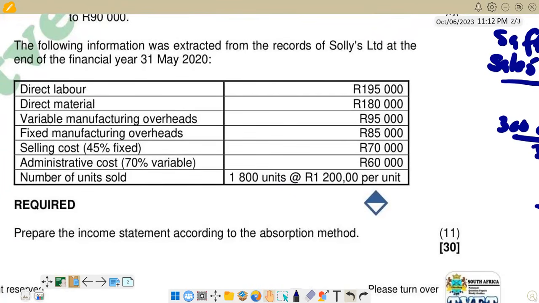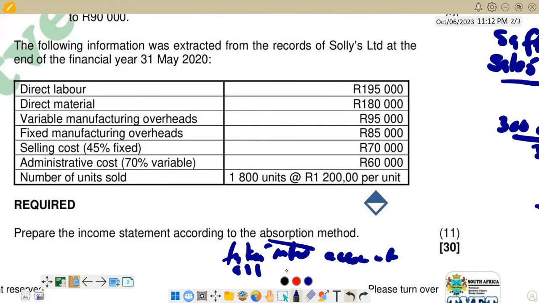On absorption costing, the only specification is that it takes into account all costs. You're going to notice that all the costs that are there, we're going to take them into account. We have direct costs.